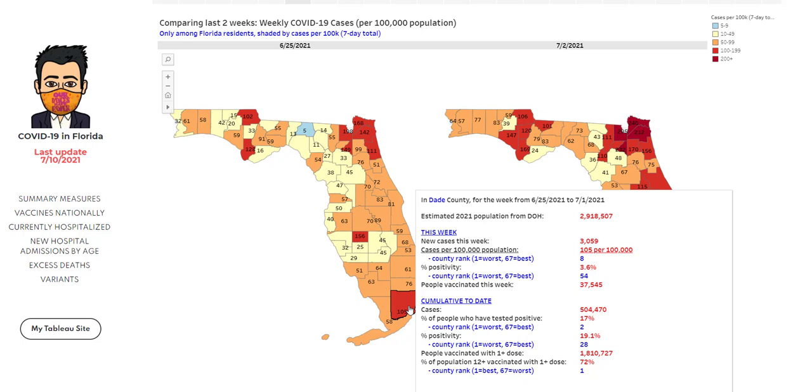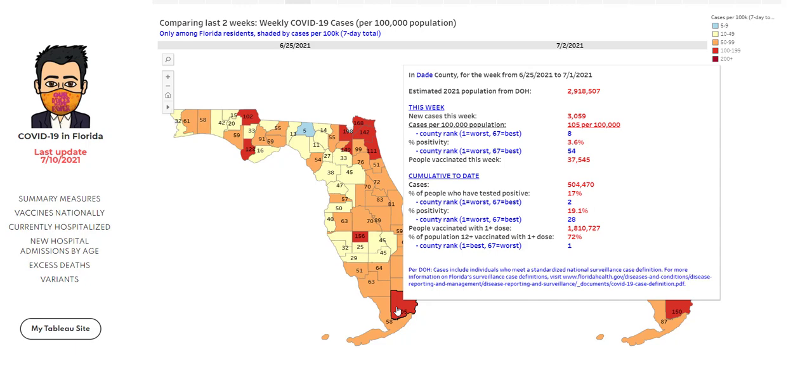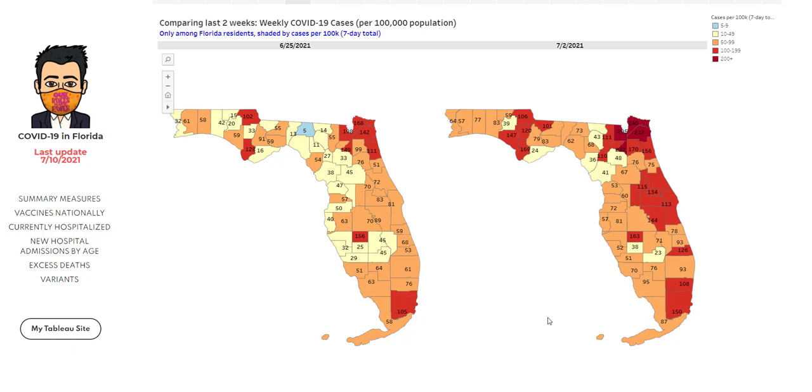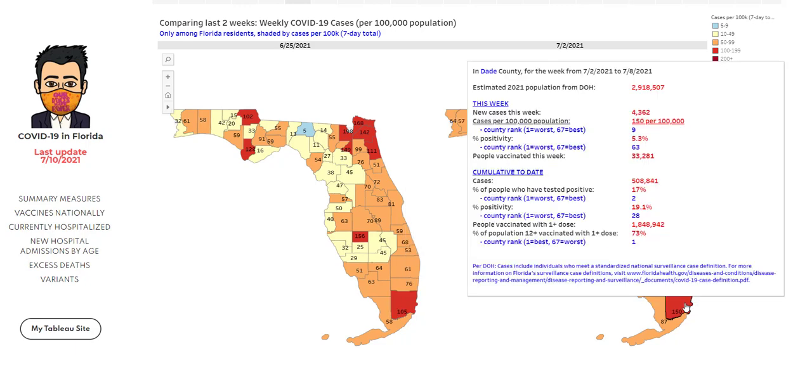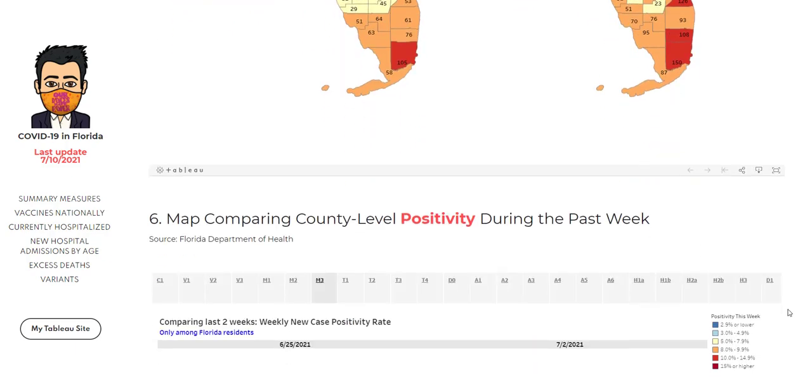It also gives you positivity and vaccination rates, both in the current week and cumulative to date. As we go over here, it's the same kind of information, and you can see that Miami-Dade went from a rank of eighth worst to ninth worst. So it hasn't changed much in position, but the level of new cases per capita has increased from 105 per 100,000 to 150 per 100,000.